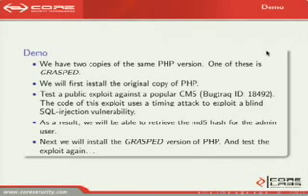Now we're going to do a demo of our work. We have two copies of the same PHP version. One of these is patched with our solution. We'll first install the original copy of PHP, and then we'll test a public exploit against a popular CMS.